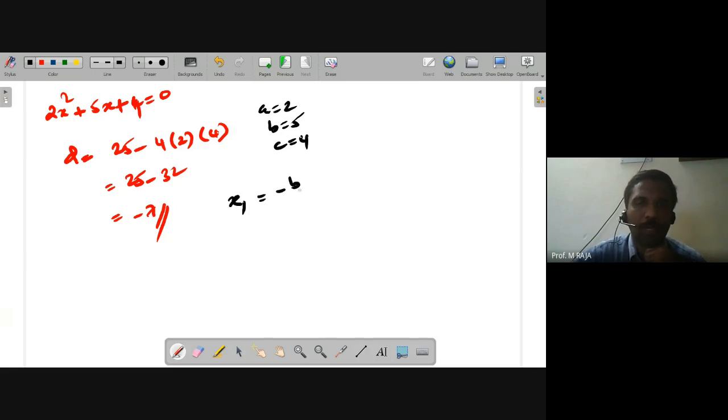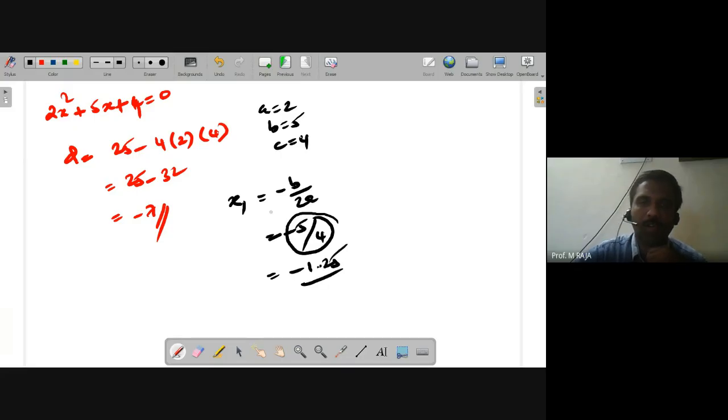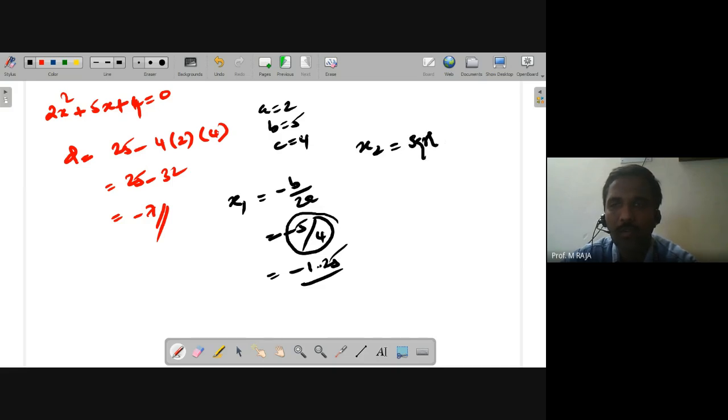x1 is simply minus b by 2a, minus 5 divided by 2a, 2 into 2, 4, minus 5 by 4, that is minus 1.25. Then x2 is the imaginary part, right? Square root of minus D, minus of minus 7, divided by 2a.